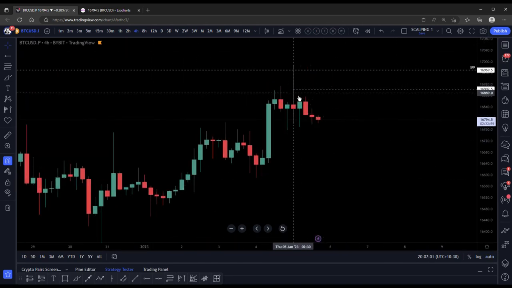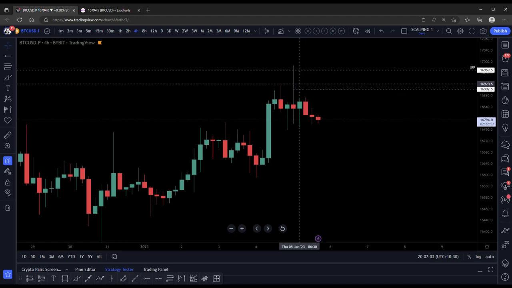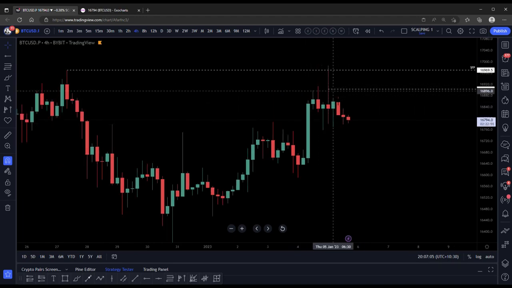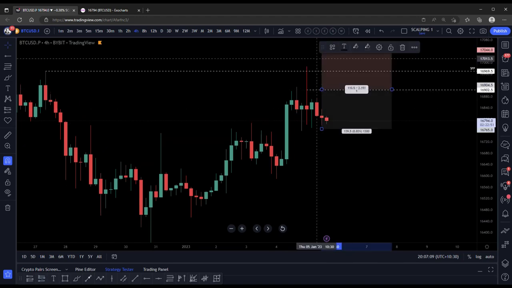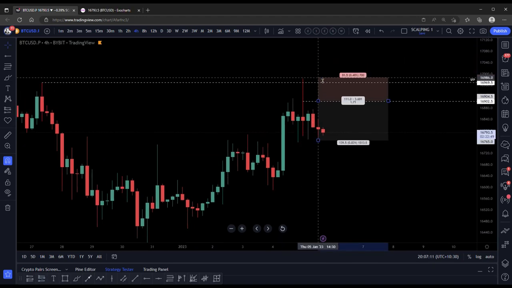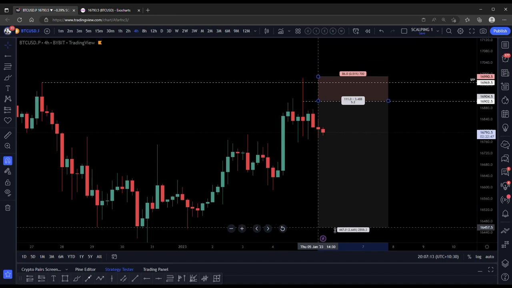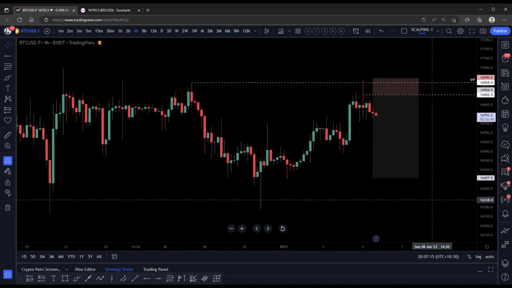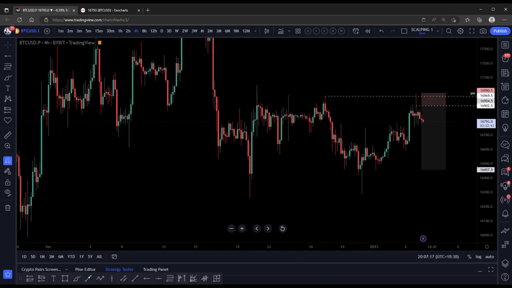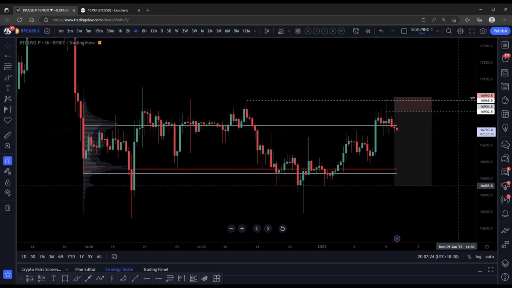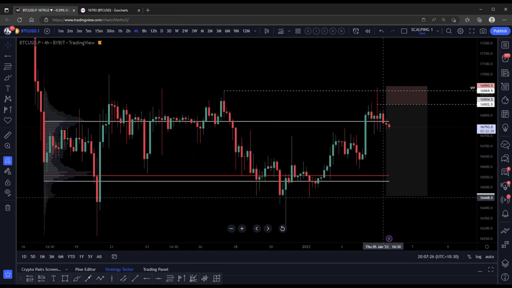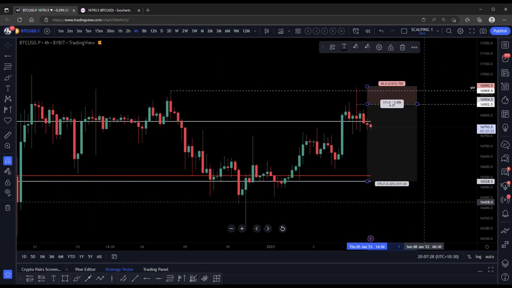My entry was around this part there in the candle here. So that is what I call sniper entry. And I'm going for the bottom of the range, and what I mean by that, going to the bottom of the range, point of control.